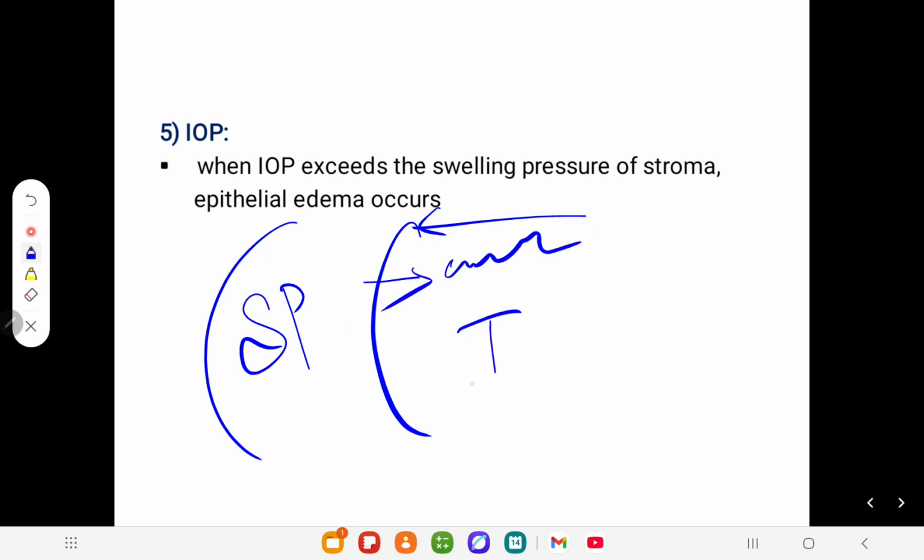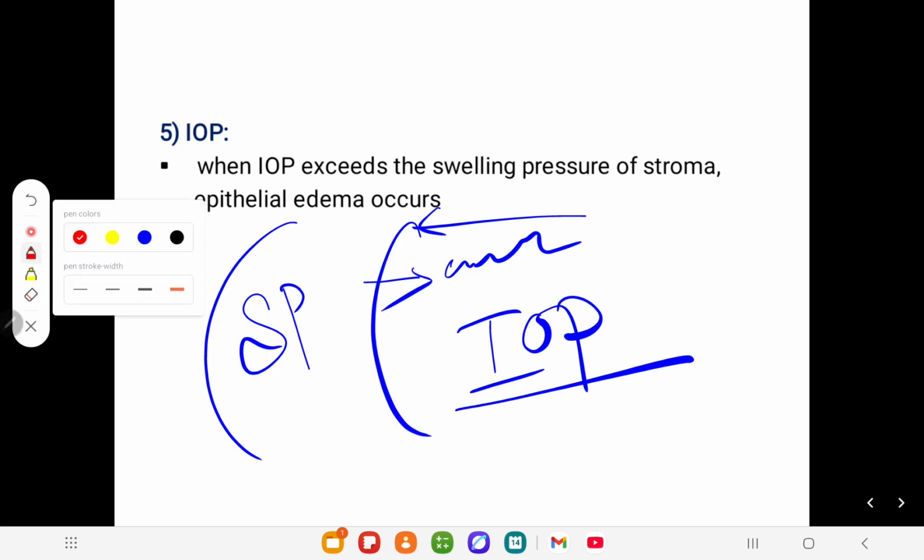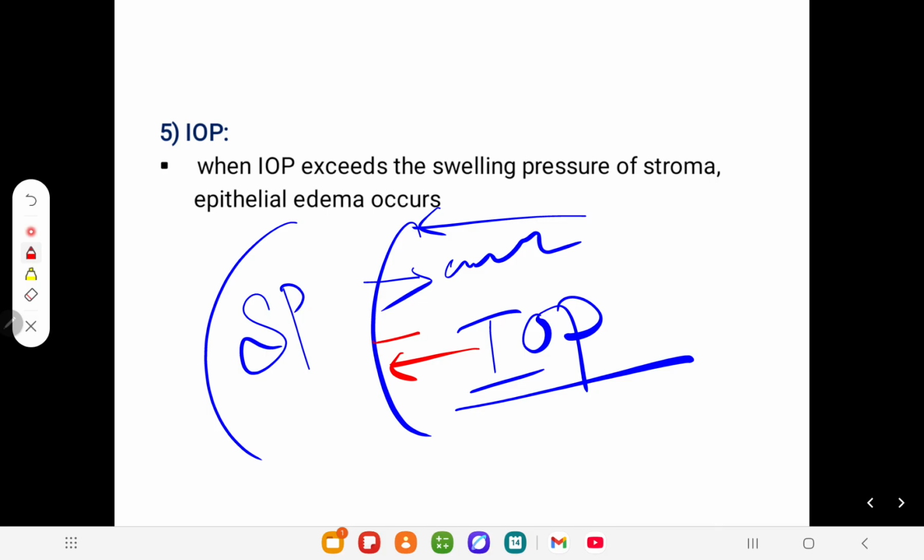Whenever there is a push from IOP in the aqueous humor, just remember there is a push from IOP. IOP is pushing. Then can't you think that it is difficult for endothelial cells to push out water against that high pressure? So that's the concept.